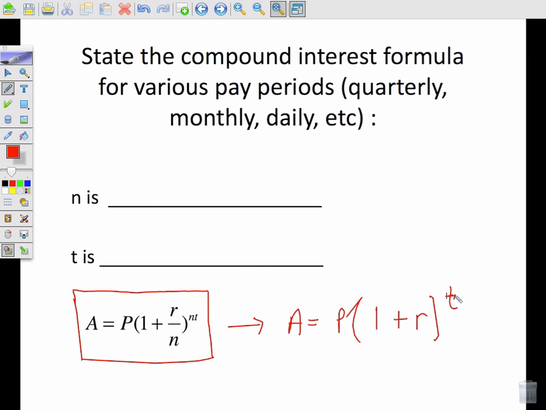The difference is this n, and the n is how many times it's being compounded in a year. So if you're asked to compound something quarterly, that's 4 times in a year. Monthly would be 12 times, daily 365. So the n is the number of pay periods in the whole year. And t would be the number of years.